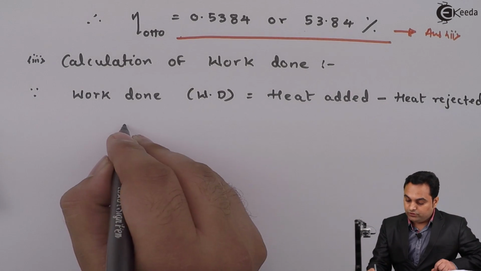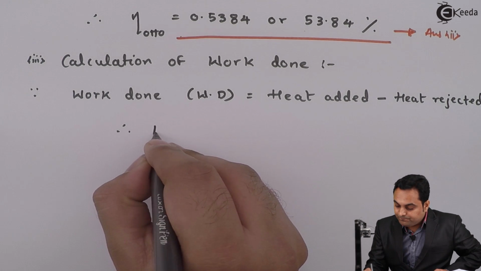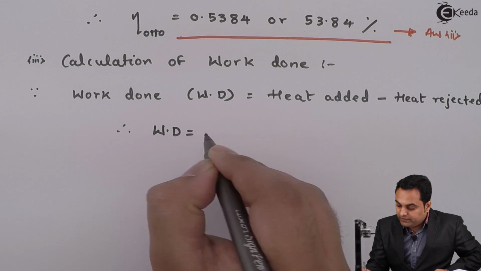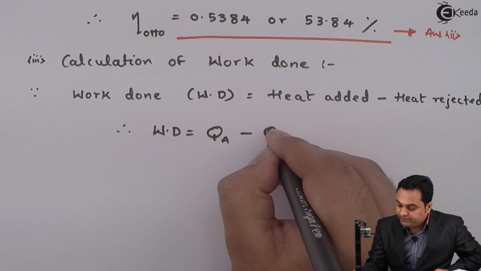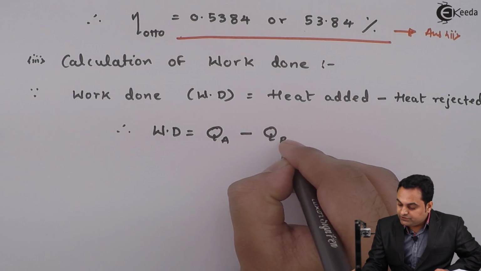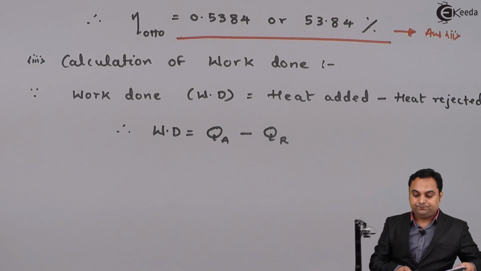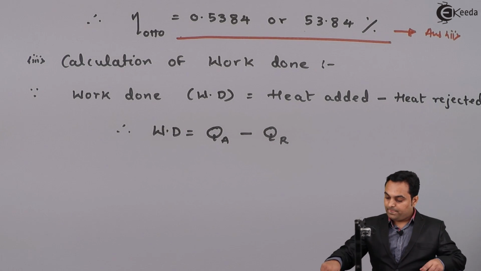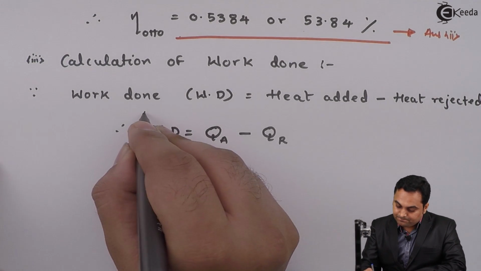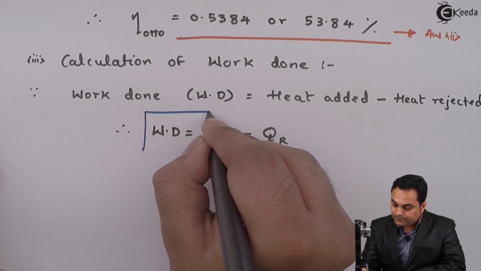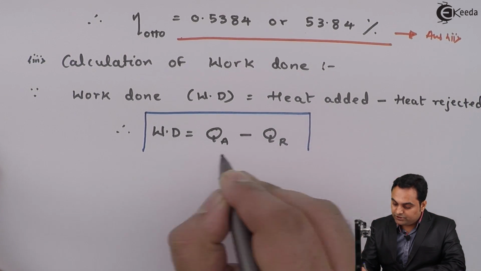So therefore work done will be heat added, that is QA, minus heat rejected, which is Q suffix R. So I will keep them as equation number 1.